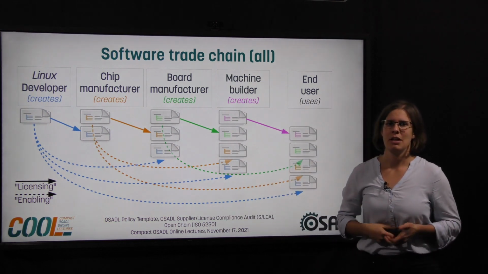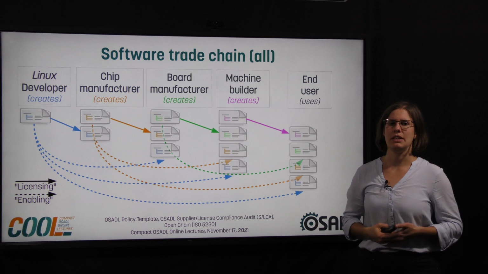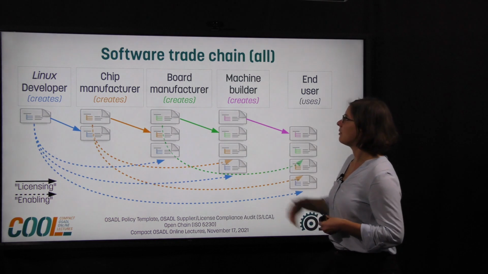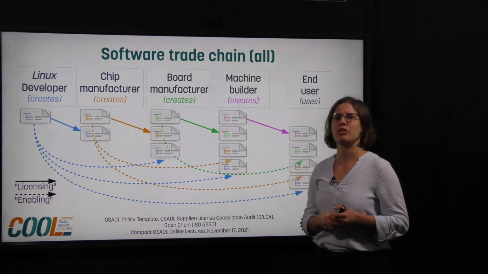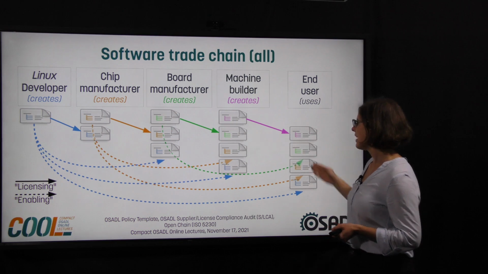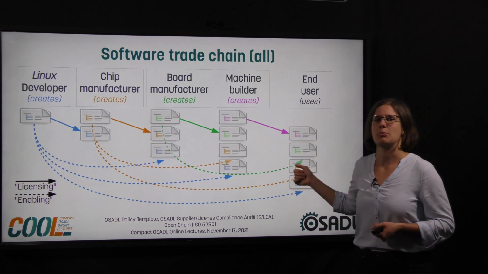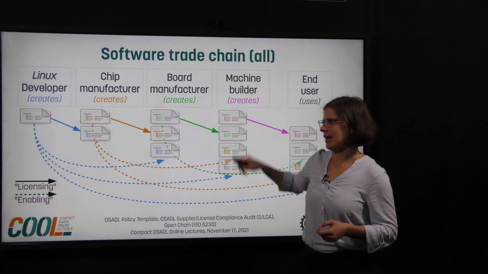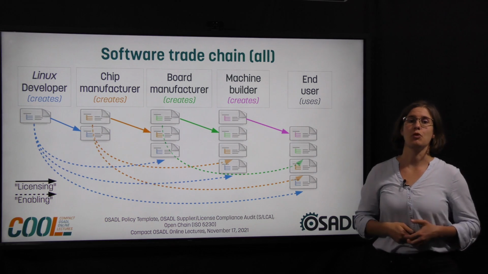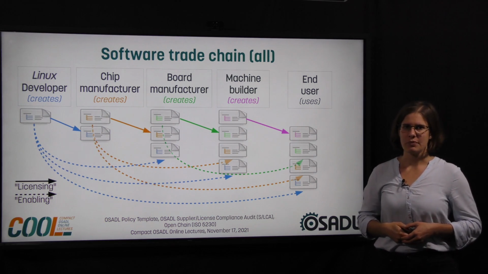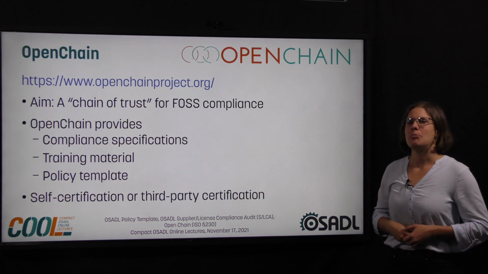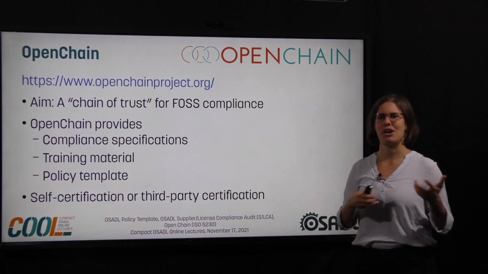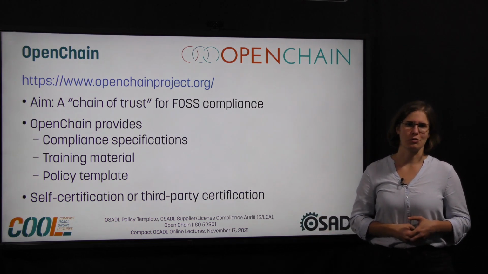And of course there needs to be a certain trust, so that even the one before the last part in this chain can be sure that they can give the software in a license compliant way to the end user, when all the license obligations before have been fulfilled. So the idea of OpenChain is to convert the software supply chain into a chain of trust for FOSS compliance.